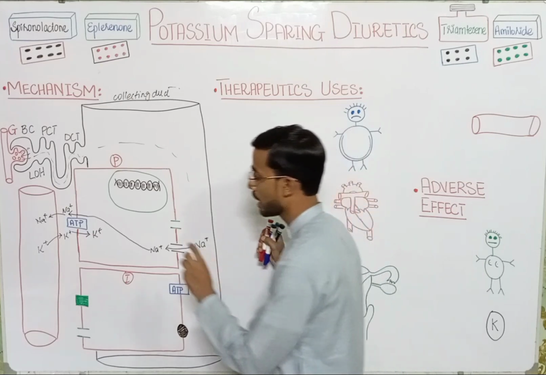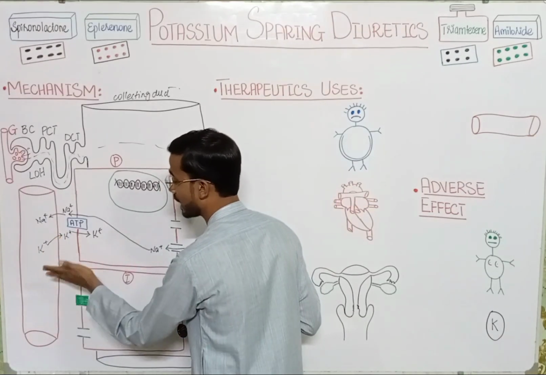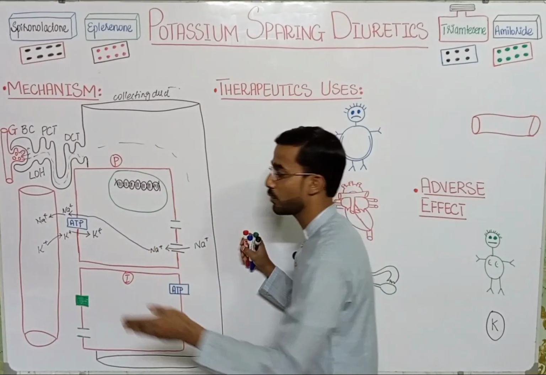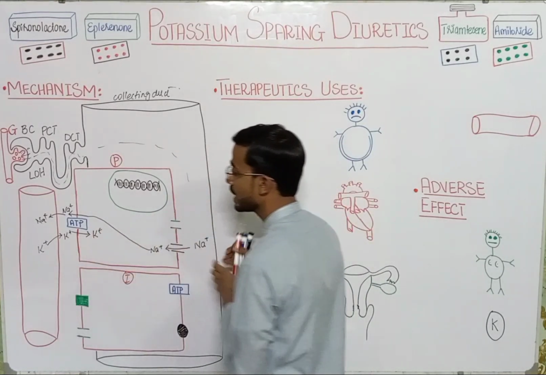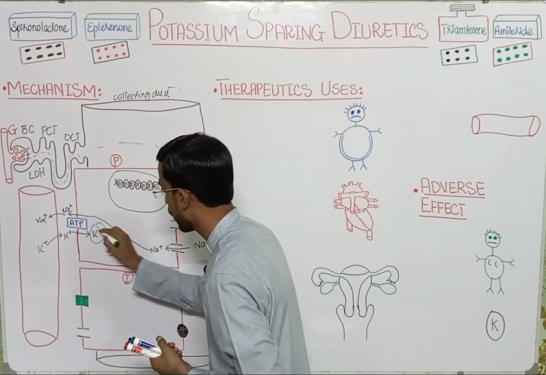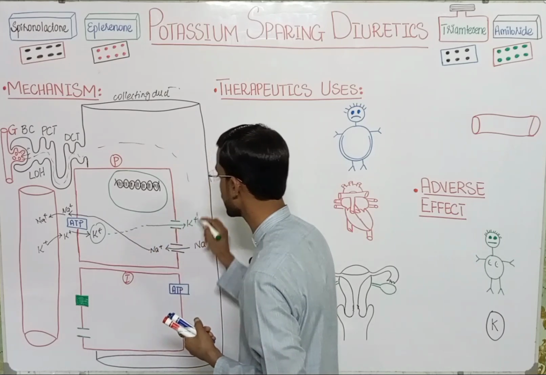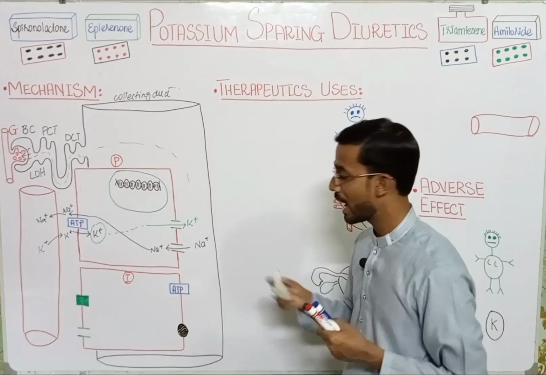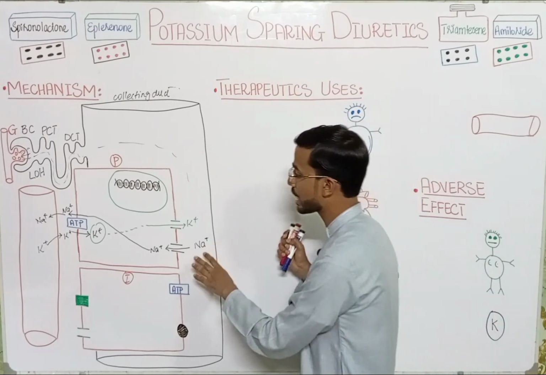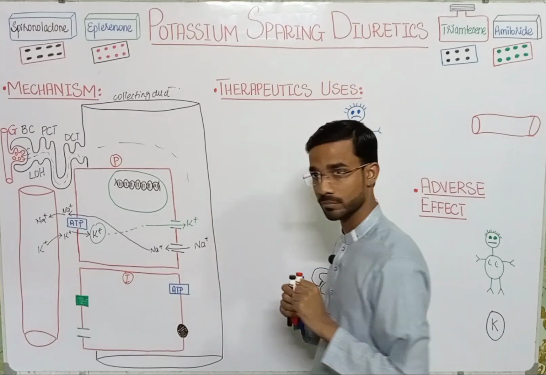So the sodium ultimately reaches the blood vessel, and in exchange for that, the potassium exits from the blood vessel. Now this potassium will move outward and be released into the collecting tubule, and ultimately it is excreted from the body. So this is the normal mechanism in the principal cell.